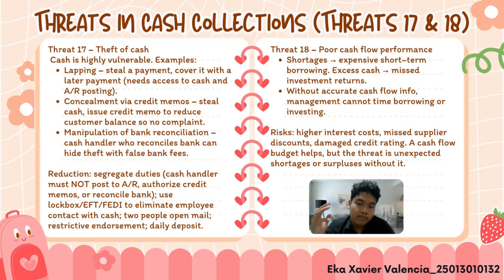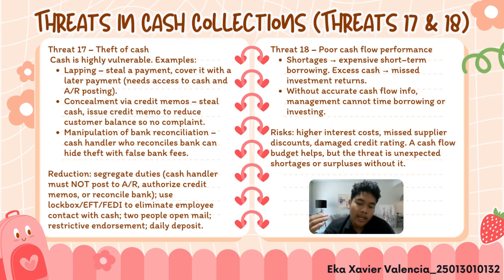And threat number 18 is poor cash flow performance. When a cash shortage occurs unexpectedly, the company is forced to borrow at expensive short-term rates. When excess cash sits idle, the company misses investment returns. Without accurate cash flow information, management cannot time borrowing or investing properly.